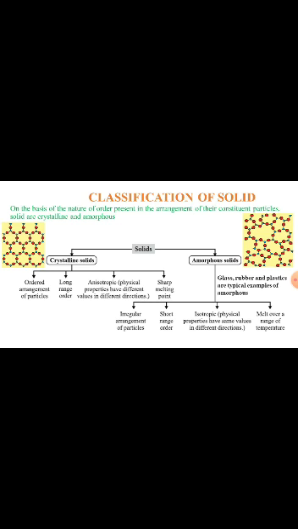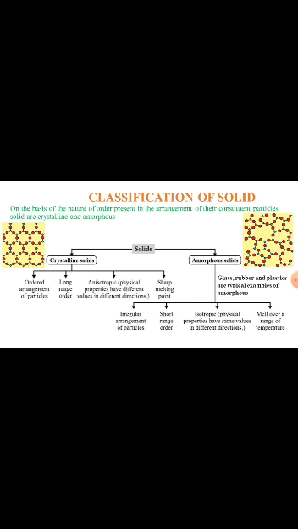This is due to different arrangement of particles in different directions. And lastly, sharp melting point. That is, if the melting point of any compound is 30 degrees or 40 degrees, that means at 30 or 40 degrees that solid melts.